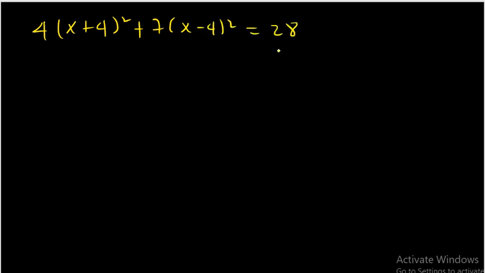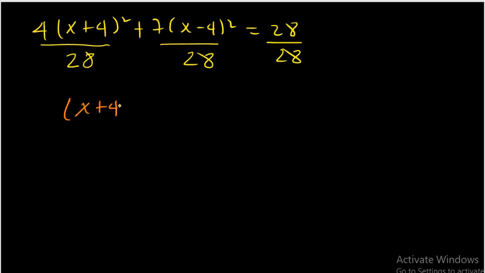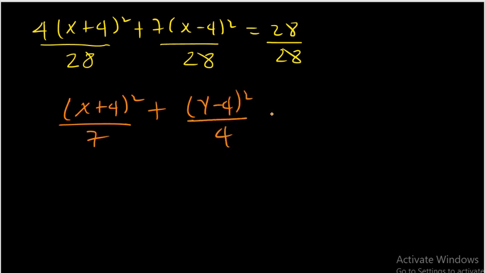Then to make the right side 1, I have to divide each of them by 28, because in the standard form of the equation of an ellipse and hyperbola, the right side must be 1. So when I simplify and write it, it will be x plus 4 the whole squared over 7 plus y minus 4 the whole squared over 4 is equal to 1.